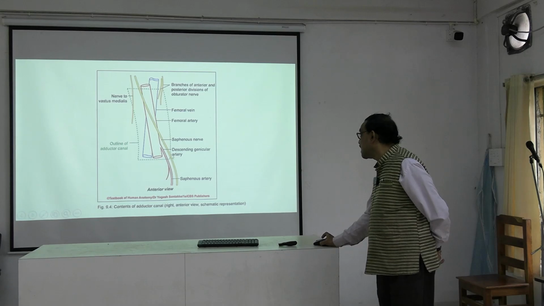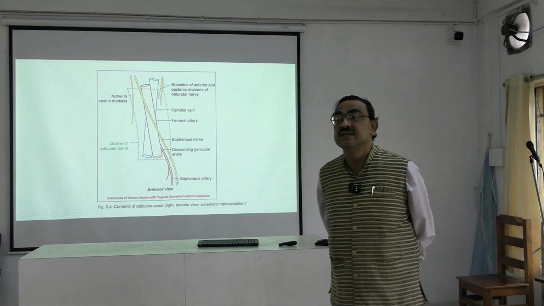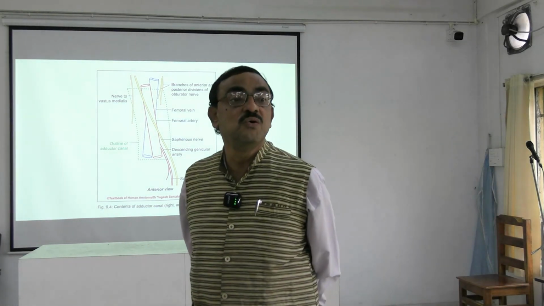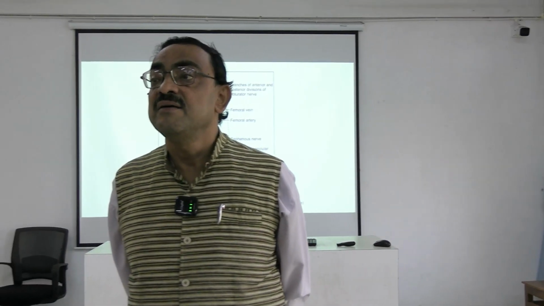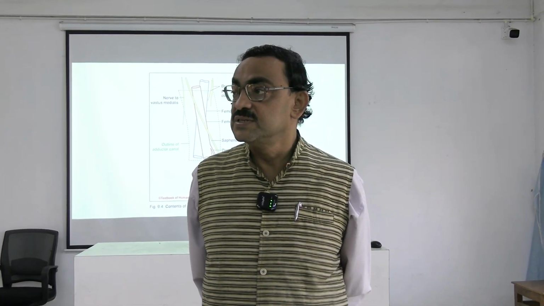This saphenous nerve moves hand in hand with another branch, the last branch from the femoral artery. This is the descending genicular branch. Genicular means, genu means knee. There is an anastomosis which is called genicular anastomosis.